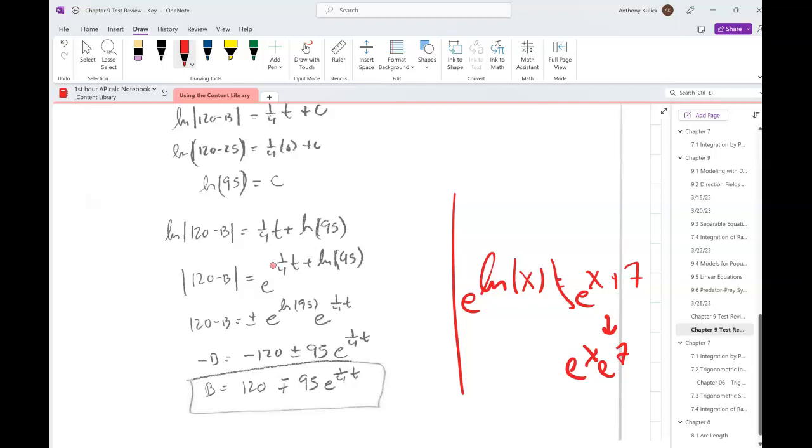But raising an exponent base to both sides is not distributive. It is strictly to the whole side, and then you can separate using your exponent rules, but you can't just handle it term by term. Does that feel okay?